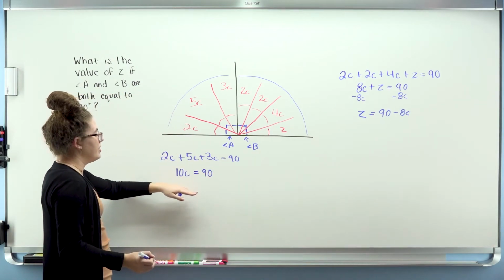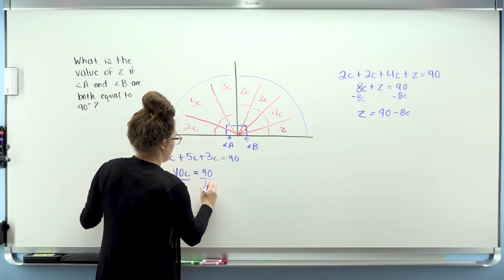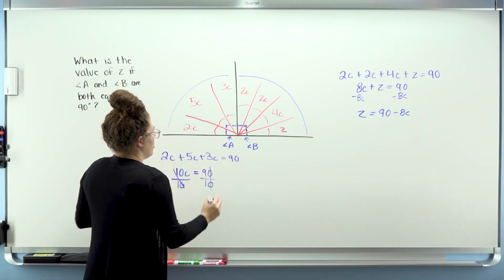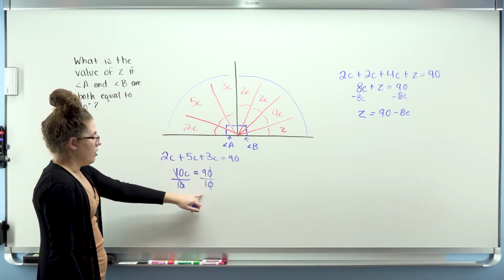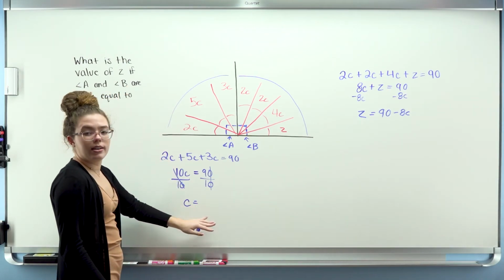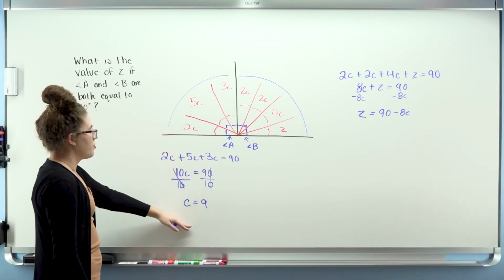And to get the value of c alone, we would divide by 10, and divide by 10. And just a nice easy way I always like to do, we cross out the zeros and we get 9 over 1, and that is just 9, right? Any number over 1 is itself. So c would be equal to 9 in this case.